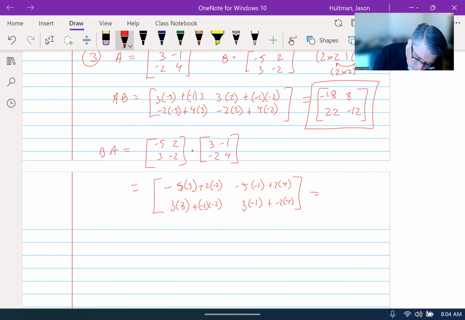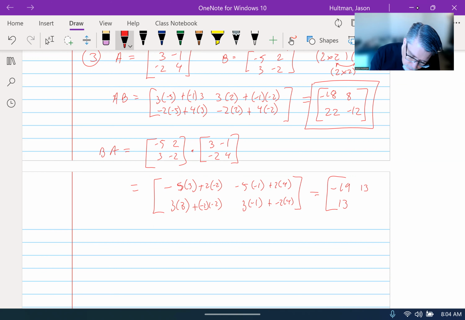This is -15 plus -4, which is -19. Moving over, 5 plus 8, which is 13. The next one is 9 plus 4, which is 13.